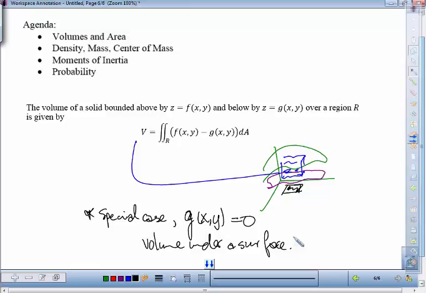Exactly what we've been doing. So whether we do this in Cartesian coordinates or polar coordinates doesn't matter. But that's the short story in volumes. We've already been doing it.